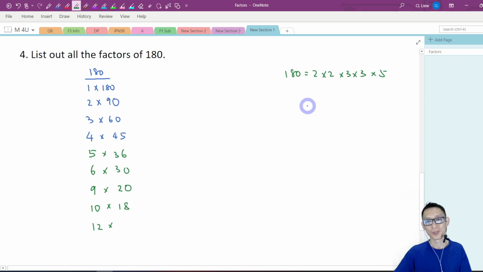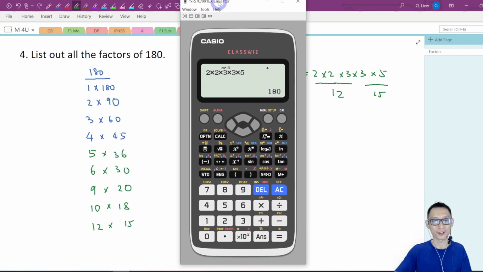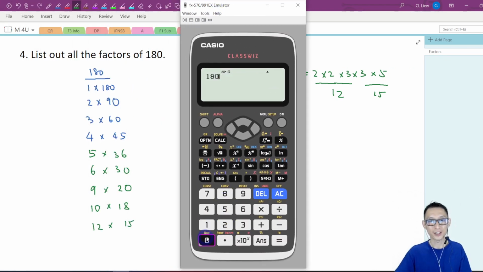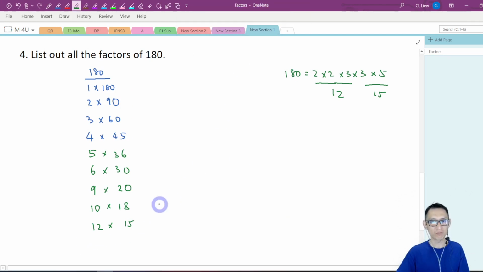How do I know? 2 times 2 is equal to 4, and 4 times 3 is equal to 12. So 12 times 15. If you're not sure, you can always use your calculator to check: 180 divided by 12 is 15. Then 13, no. 14, no. 15, yes. 15 times 12.